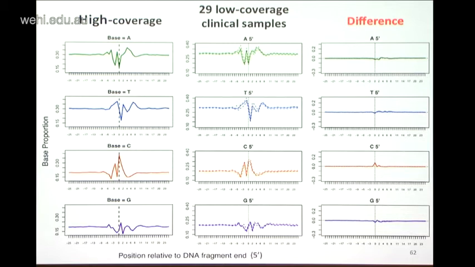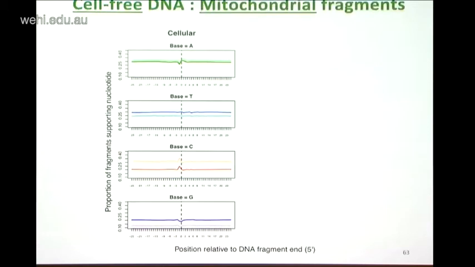So once again, these profiles are from the autosomal fragments. So I also wanted to see how it compared to mitochondrial DNA. When you plot the mitochondrial DNA profile for cellular data, you get the same profile, but at a shifted proportion for each base.